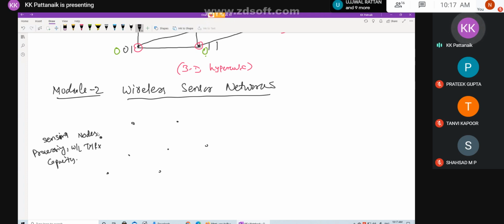So these are sensing nodes which possess the sensing capability, processing capability, and wireless transmission and receiving capability.